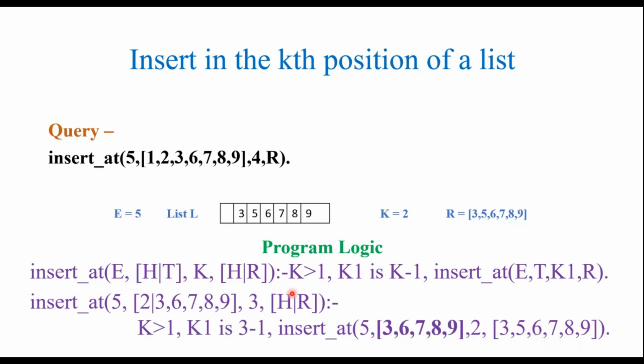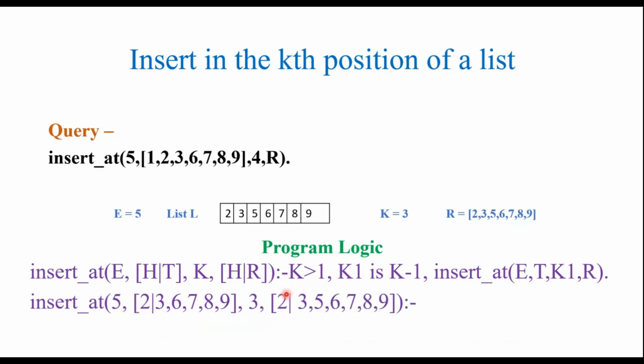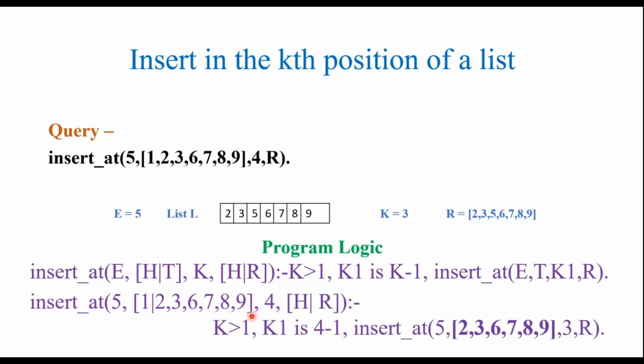Now this R again comes over here. H is 2, which appends over here, and my result becomes 2, 3, 5, 6, 7, 8, 9 for k equals to 3. Now someone has called k equals to 3. Now let us see who called k equals to 3. When k is 4, it is responsible for calling this particular function.